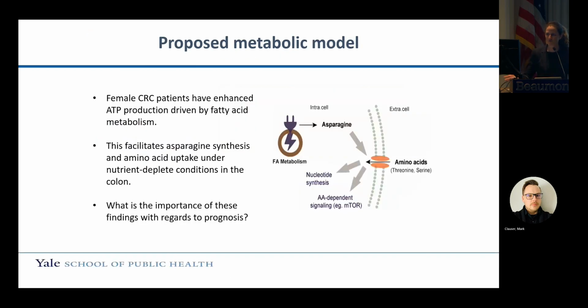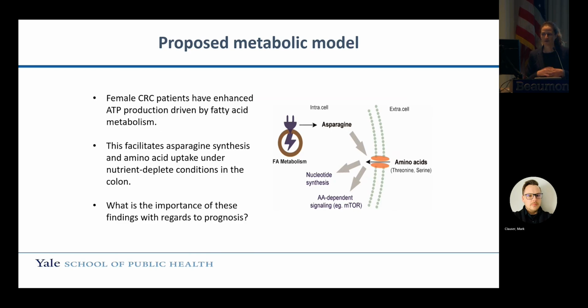So this was our proposed metabolic model that we came to in around 2020, where we see from our untargeted metabolomics data that the tumors from female patients have this enhanced ATP production driven by fatty acid metabolism. This could facilitate asparagine synthesis and amino acid uptake in a nutrient deplete condition in the colon.